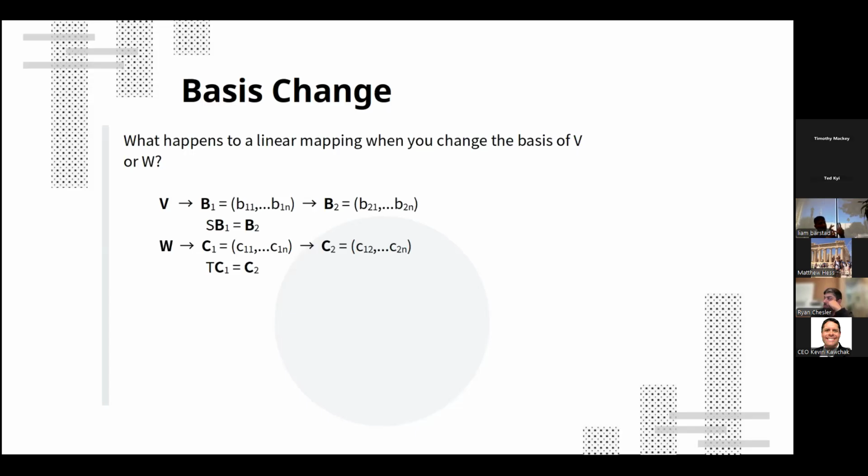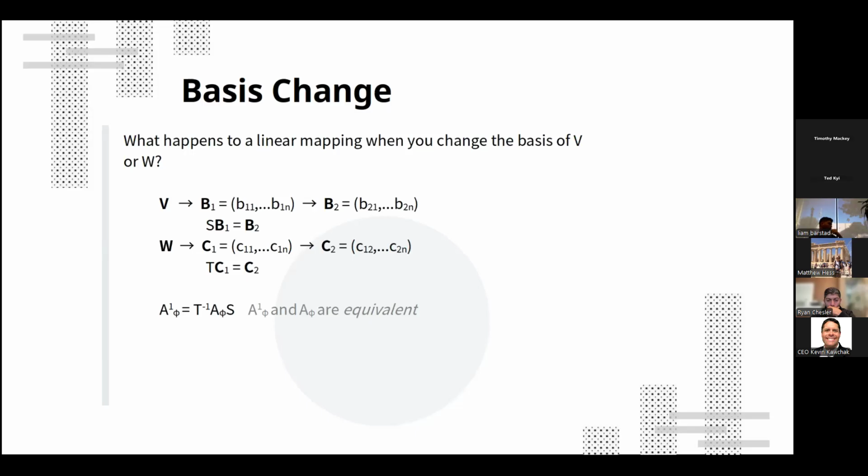Remember how we defined A to be a transformation matrix, and we apply it if we transform a series of basis vectors into a new basis. For V, we're going to call that transformation matrix S, and for W, we're going to call it T. Now remember again that V is the input and W is the output of the vector spaces in this transformation.